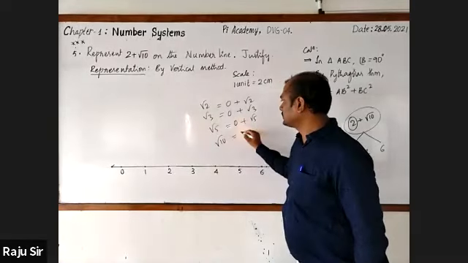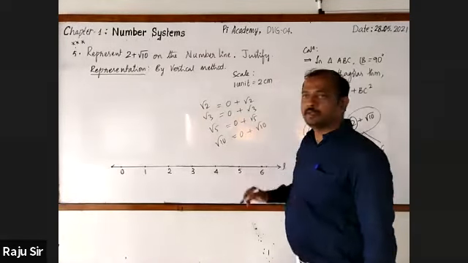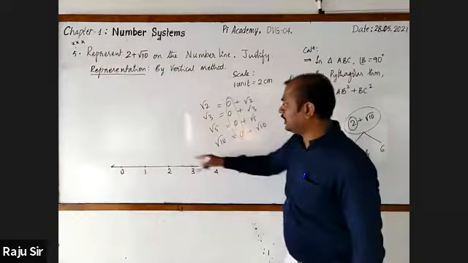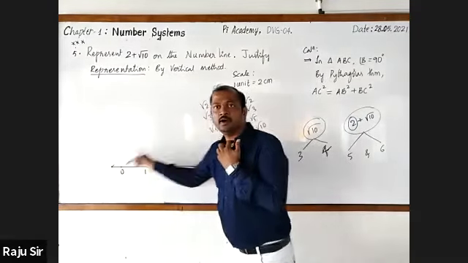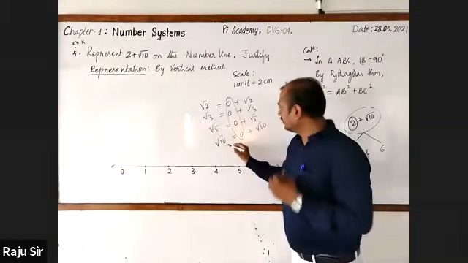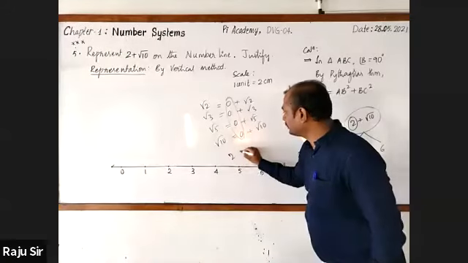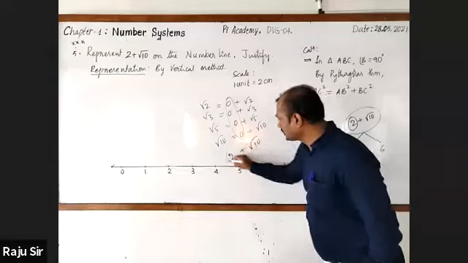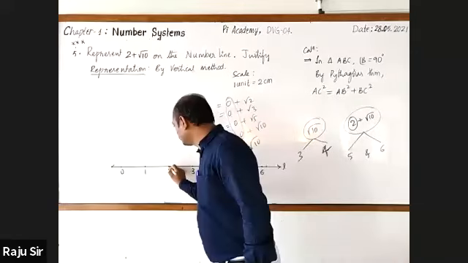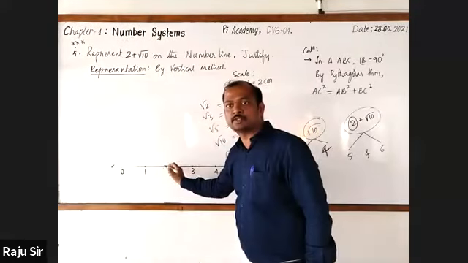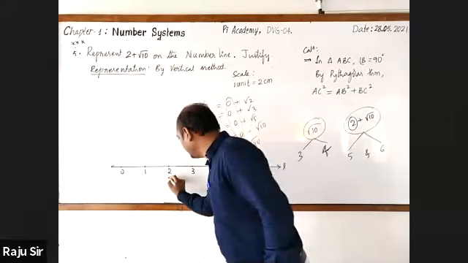Root 10 is 0 plus root 10. We used to take 0 as A in all these cases. Now it is 2 plus root 10. So which is to be taken as A? We have to take 2. Very good. Let us take 2, the point which represents 2, as A.